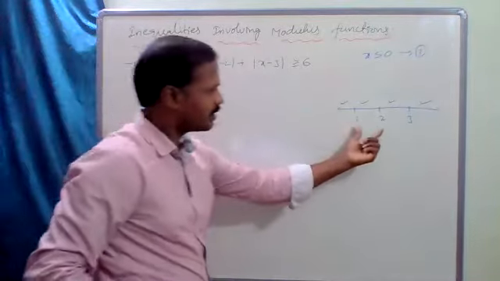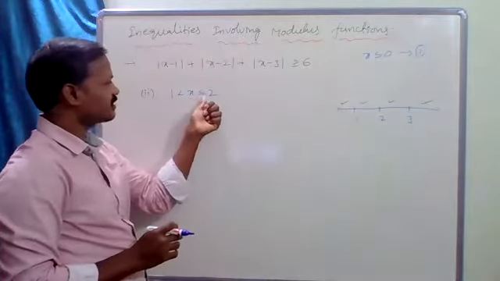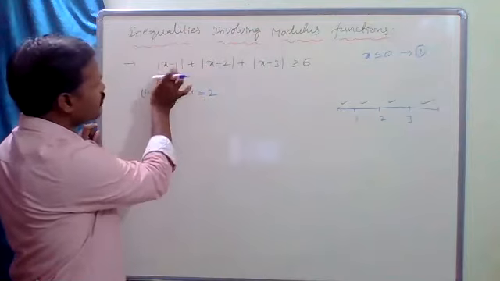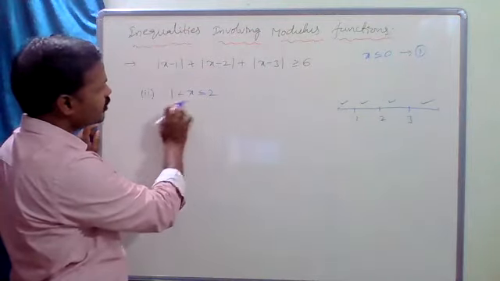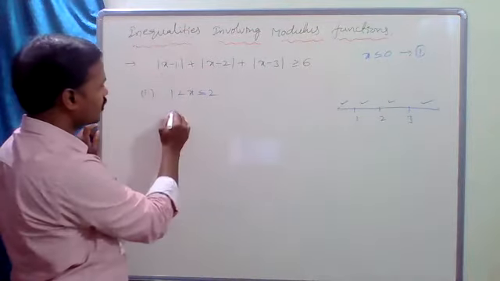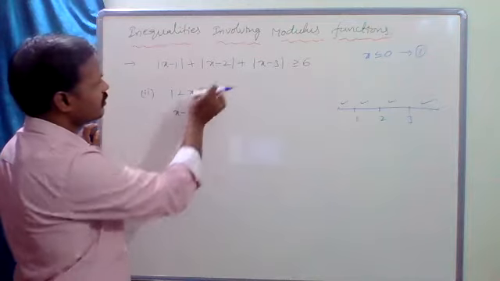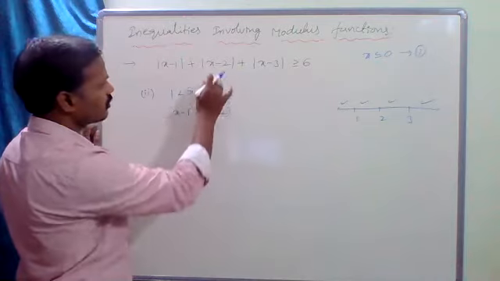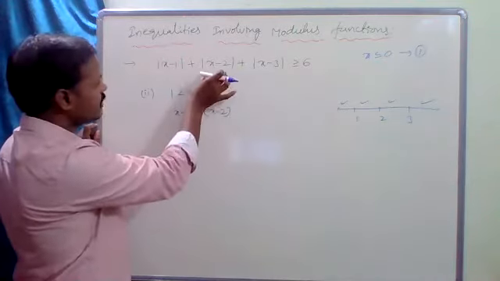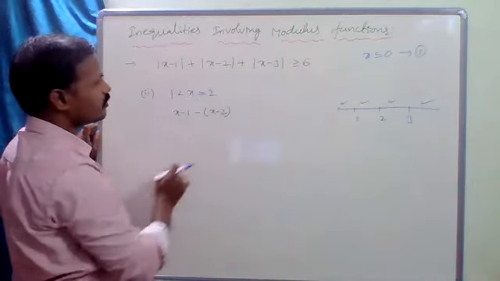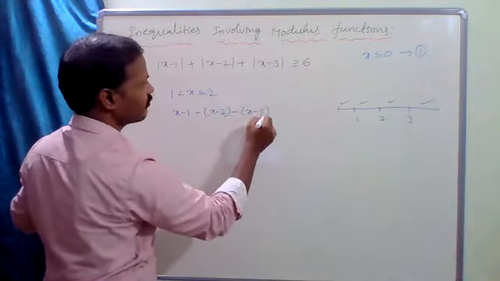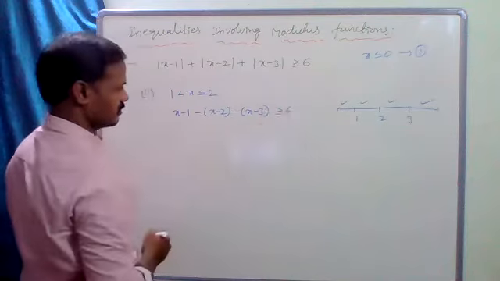Now in this interval, is this positive or negative? If you take any value between 1 and 2, this is positive, no? So this is x minus 1. This is negative. Is it clear? In this interval, this is negative. This also negative. Minus x minus 3 is greater than or equal to 6.